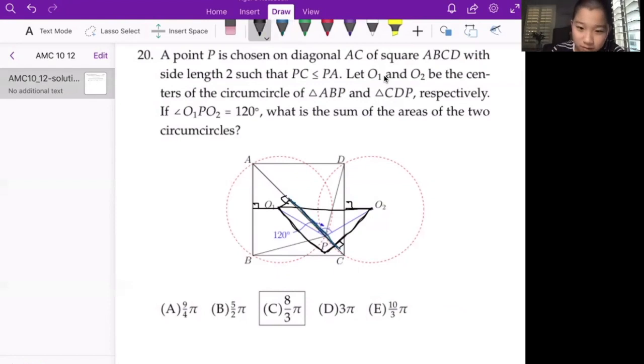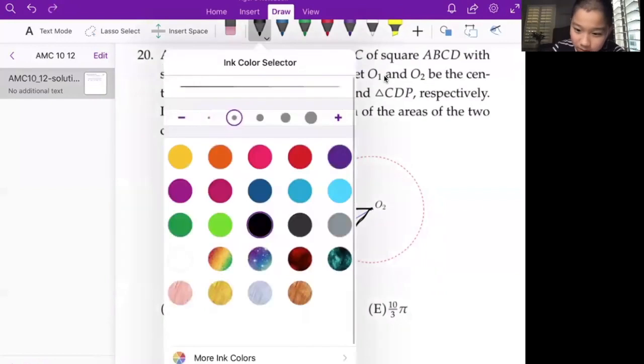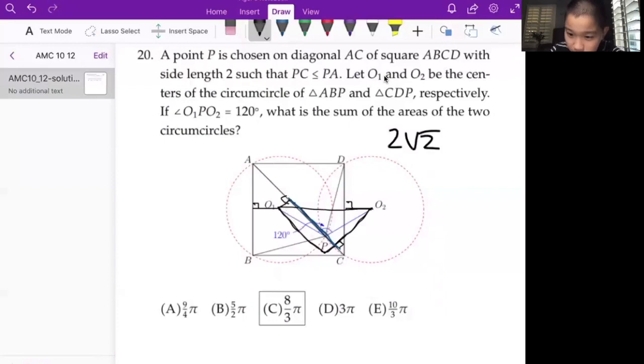Well, you know that this part is exactly the same as that part, and then this part is exactly the same as that part. So this is actually half of the diagonal. The diagonal has length 2√2, so it has length √2.